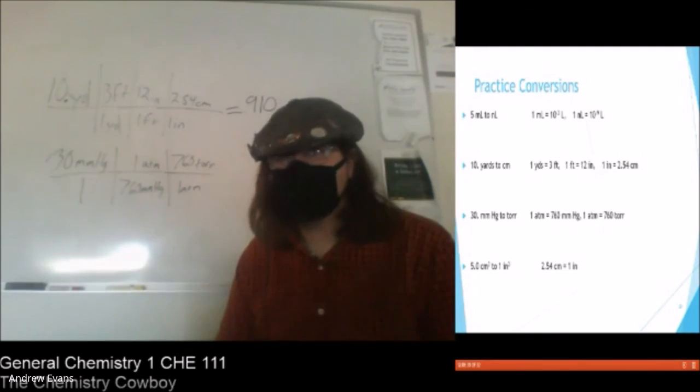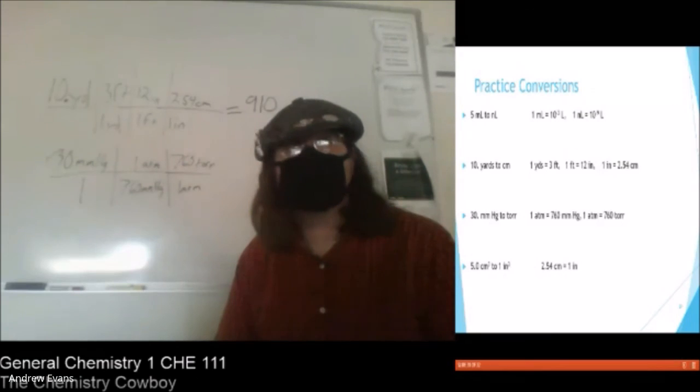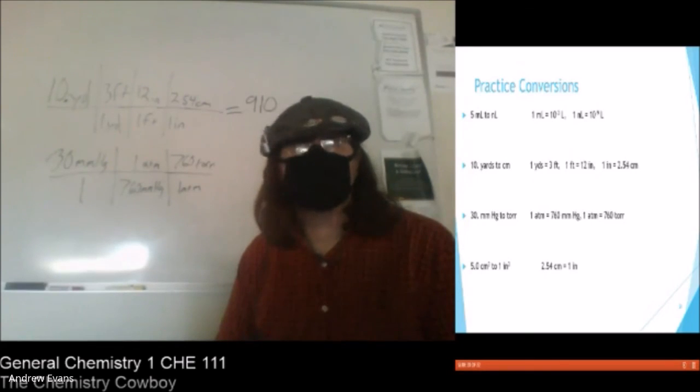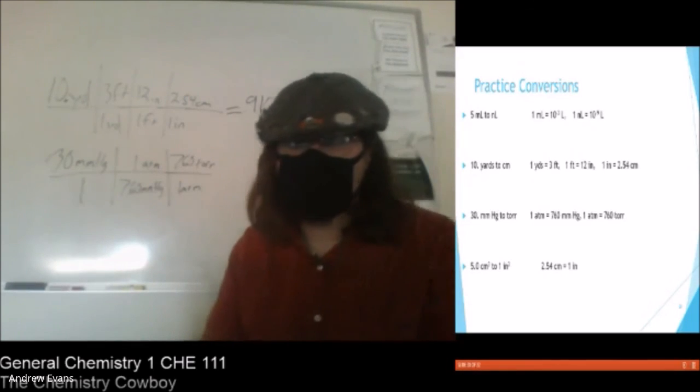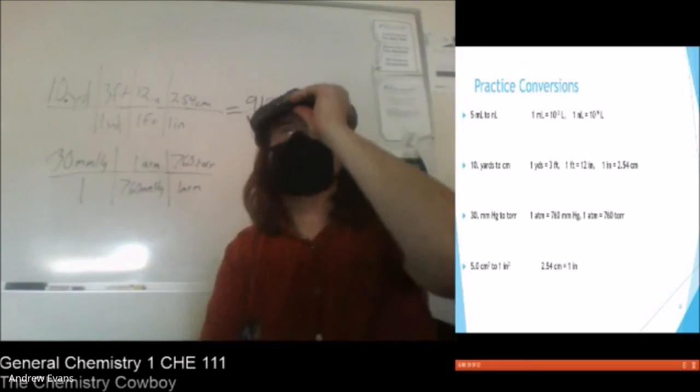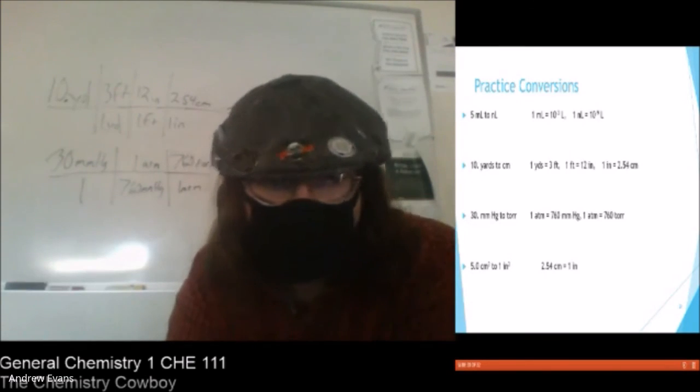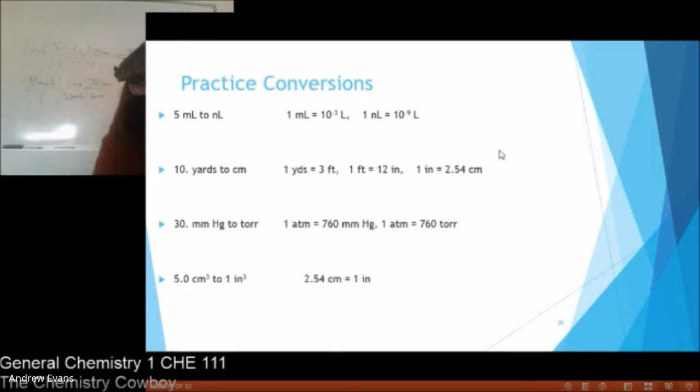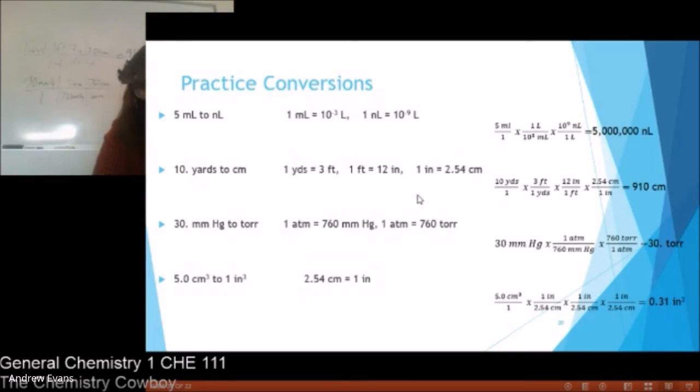And as we get to the pressure chapter near the very end, we will see that millimeters of mercury were invented by a chemist named Torricelli. We were so impressed by his early barometer that we named the whole unit after him. So millimeters of mercury and torr are directly interchangeable. Millimeters of mercury is a direct observation. Torr is the name of the unit based on that observation. I'm going to skip the last one for the sake of this.